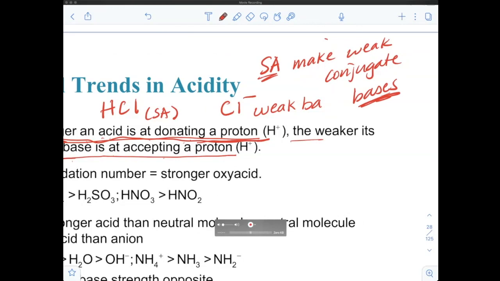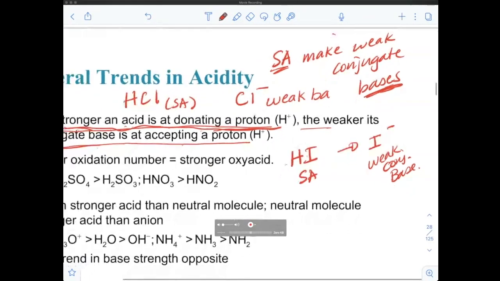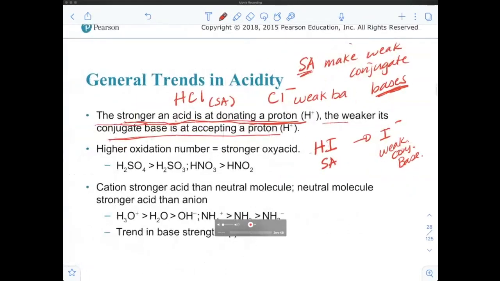That will help you answer your homework problems. So if you have HI, this is a strong acid. When you make the conjugate base I minus, this is a weak conjugate base. That's the bottom line, and it should help you answer more problems.